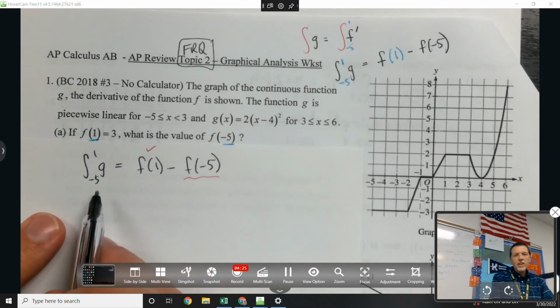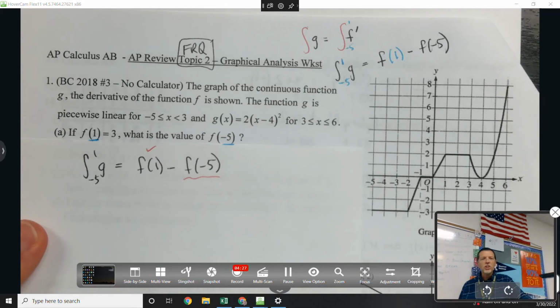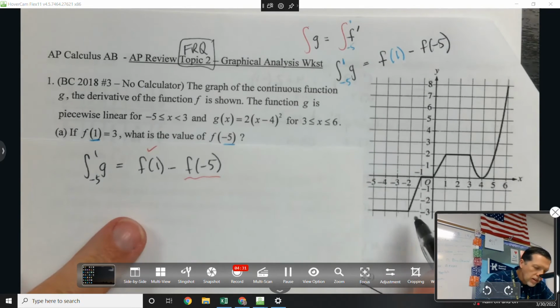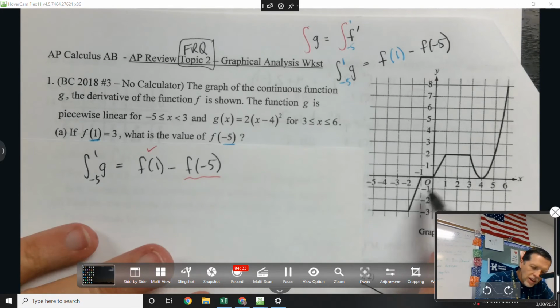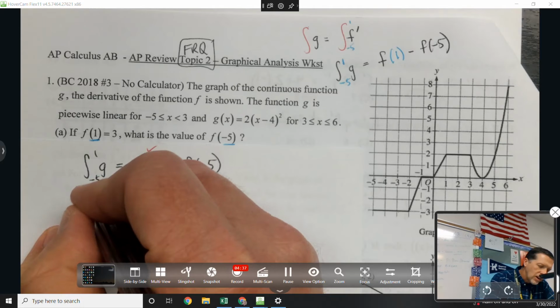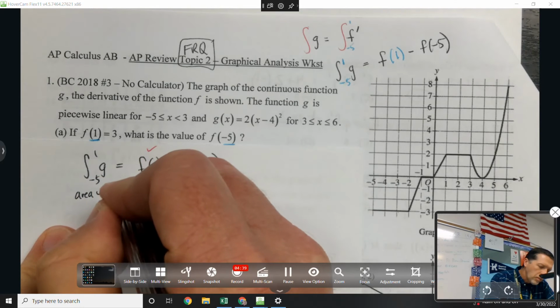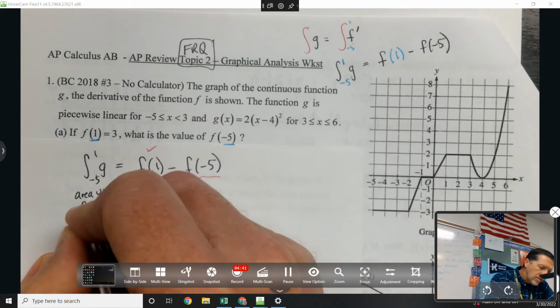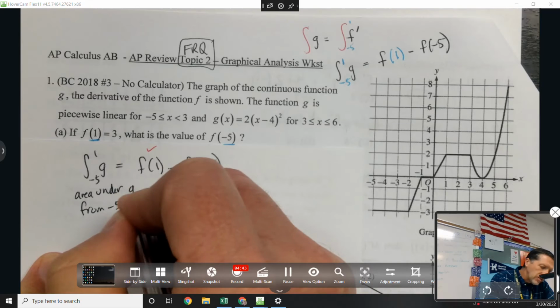So if I can get the integral from -5 to 1 of g, I'll have everything I need on this problem. Well, the integral from -5 to 1 is the area under g, from -5 to 1.